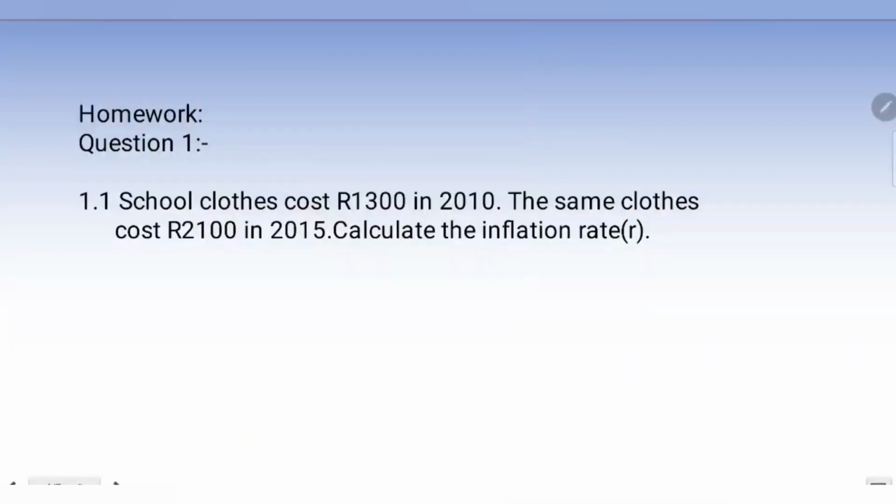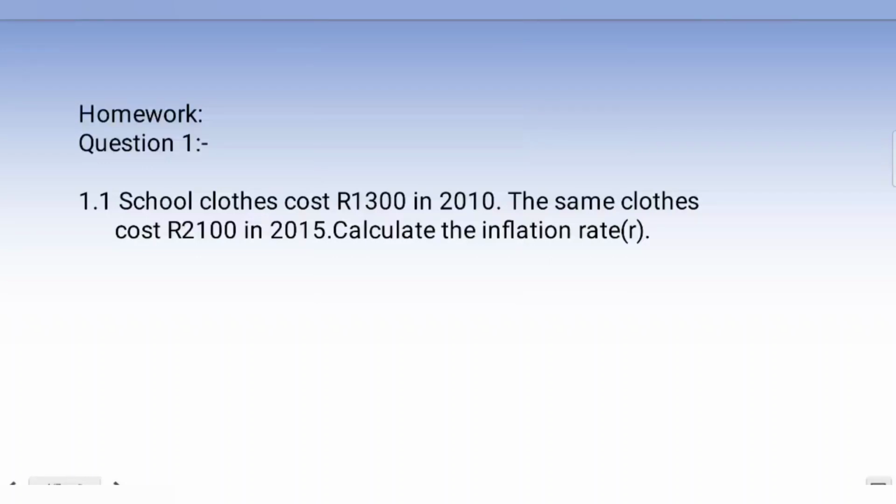Is it clear? Yeah, guys, now we come to the homework section. Question number 1. This question you have to do it yourself. School clothes cost 1,300 rand in 2010. The same clothes cost 2,100 rand in 2015.